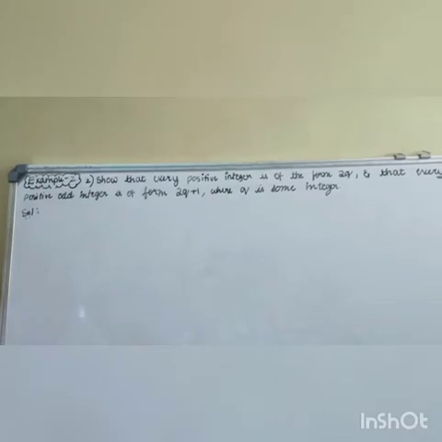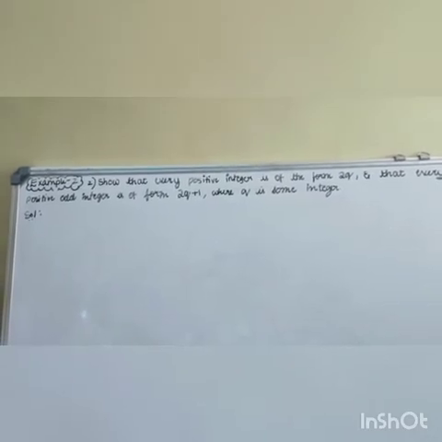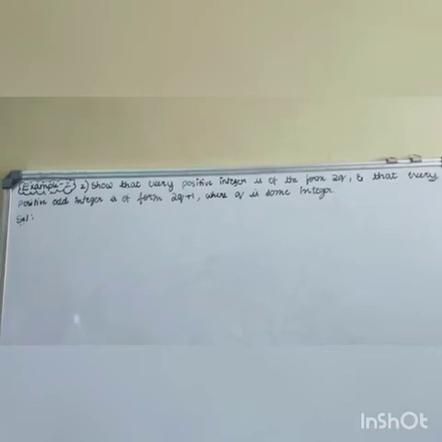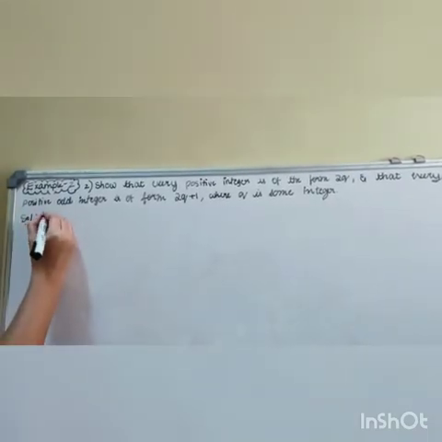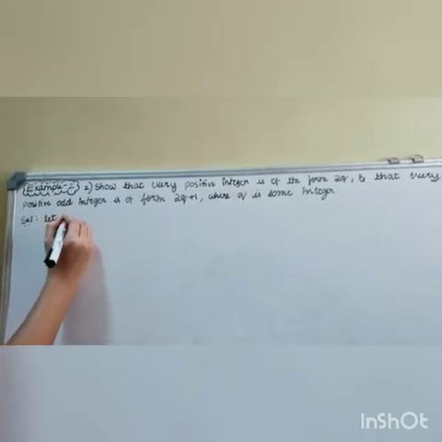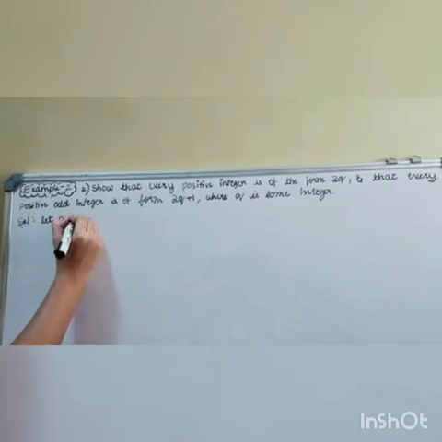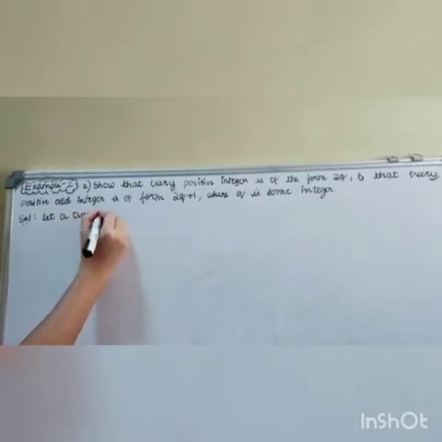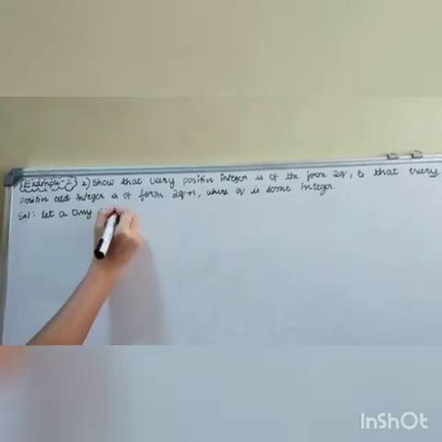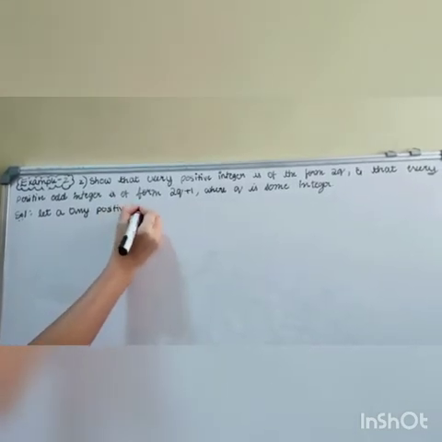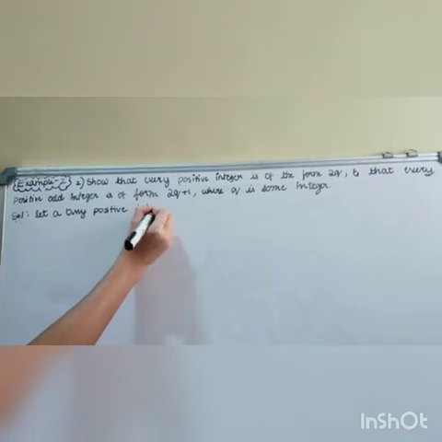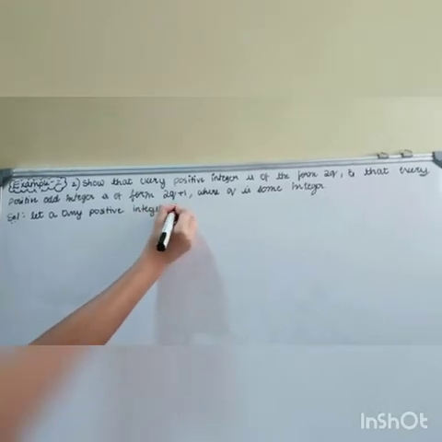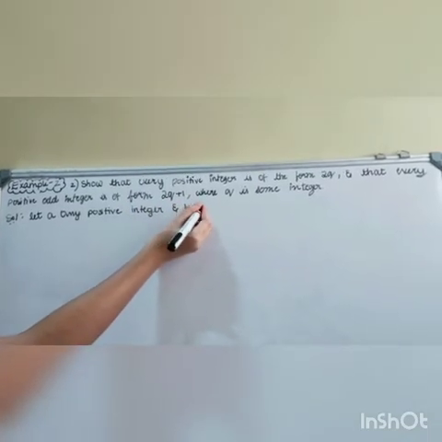Let's read the question. Show that every positive even integer is of the form 2q and that every positive odd integer is of form 2q plus 1 where q is some integer. Now let's take a as any positive integer and b is equal to 2.